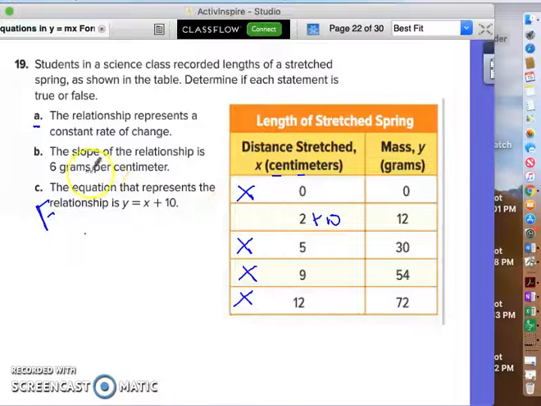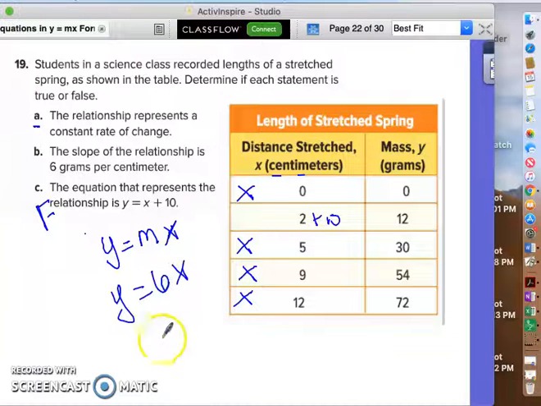We do know that in direct variation, when we have a point 0, 0, we have y equals mx. Well, m we figured out was 6, so our equation would be y equals 6x.